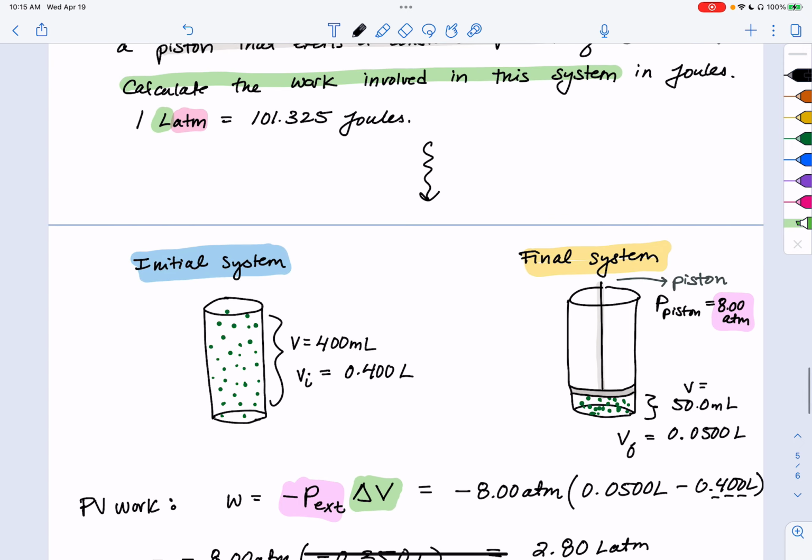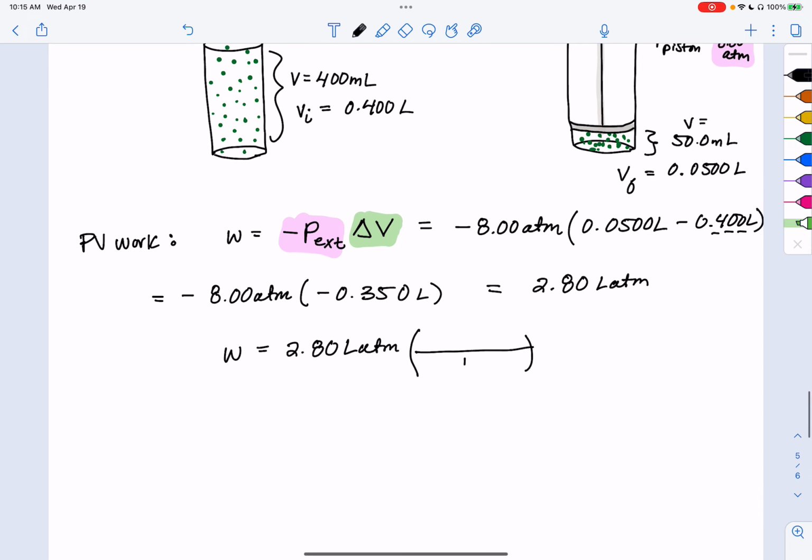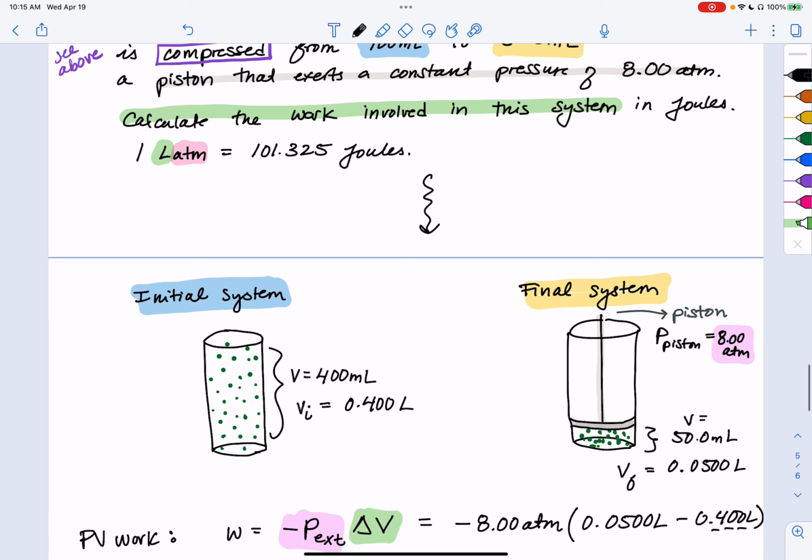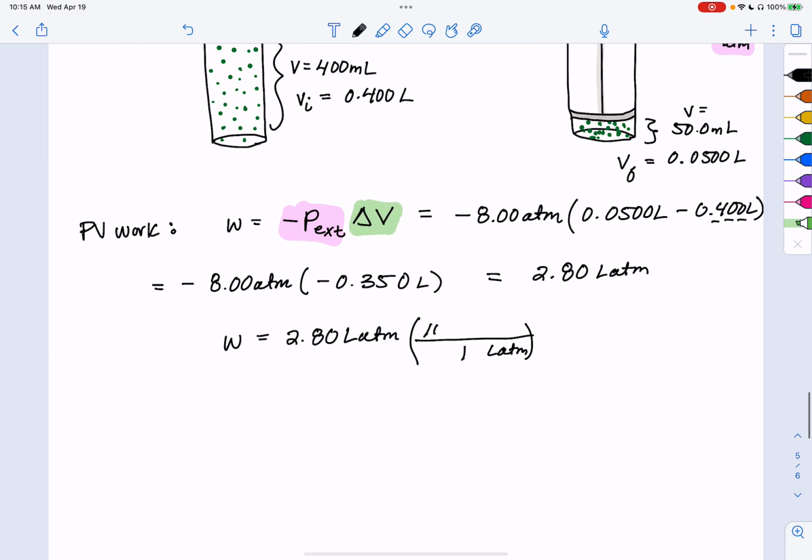So I was told that 1 liter atmosphere is equal to 101.325 joules. So it should be a little over 280.